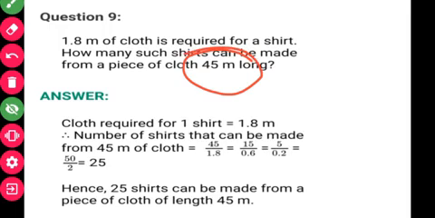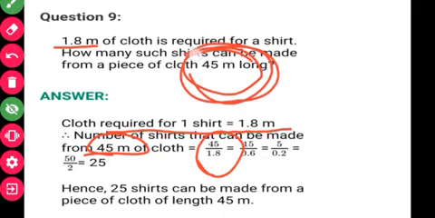So it is given the cloth required for one shirt is 1.8 meter. So the number of shirts that can be made from 45 meter is equal to 45 upon 1.8, because this is the total cloth, and we will divide it into how many parts? We take 1.8 meter for one shirt. So we'll divide this by 1.8.